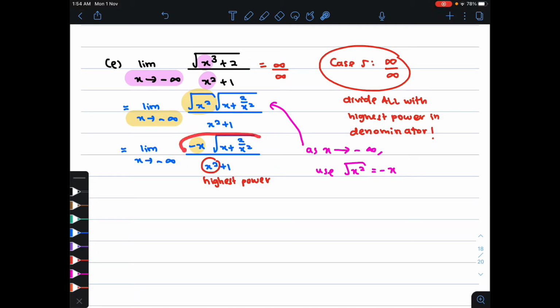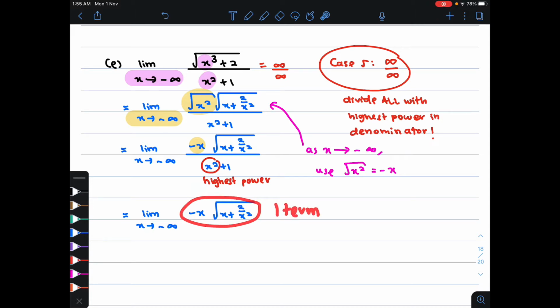So let's do for the numerator first. The numerator is just one term, and hence everything here should be divided by x squared. But we can actually rearrange this so that it is just negative x over x. I'm sorry, it's supposed to be divided by x squared.